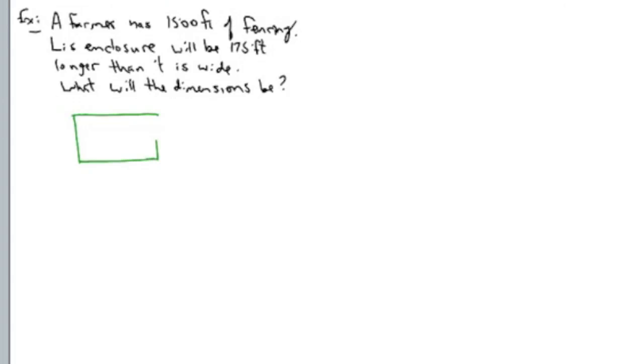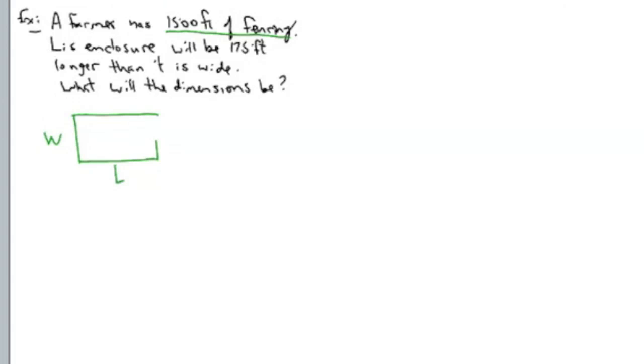So if I have this thing, and I'm going to put 1,500 feet of fence around it, am I putting the fence in here, in the middle? What is the stuff in the middle called? Area. Where am I putting the fence? Around the edge. What's that called? Perimeter. When you're dealing with a rectangle, there's always a length and a width.